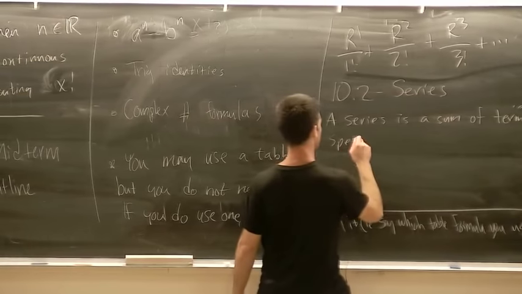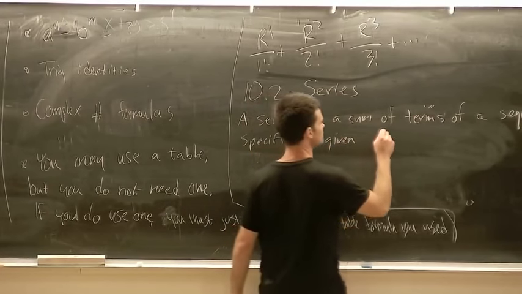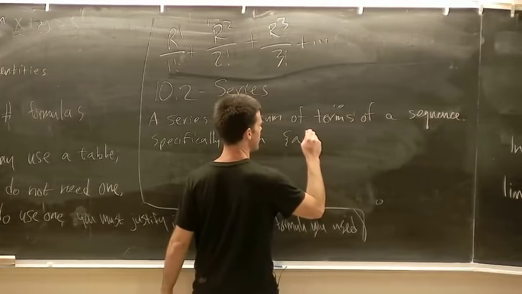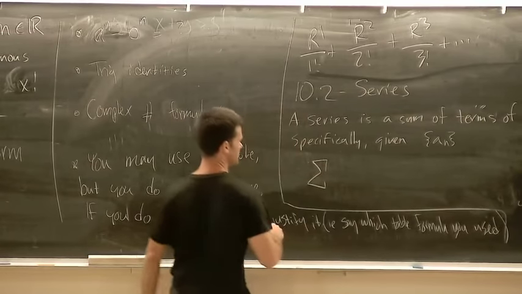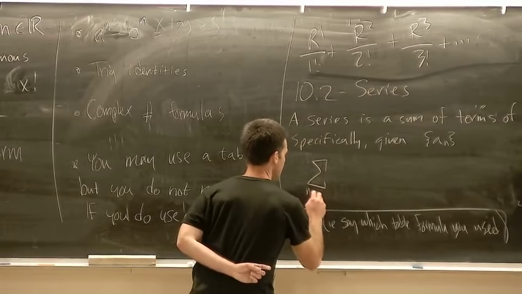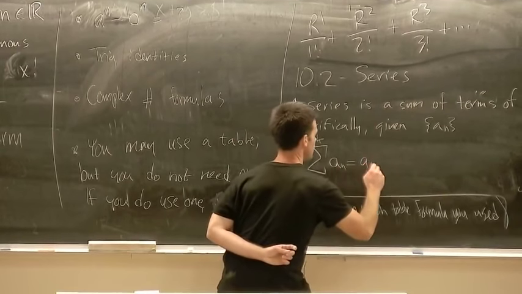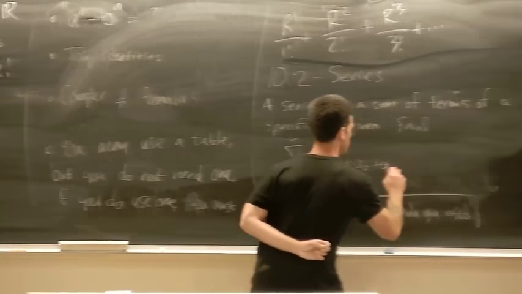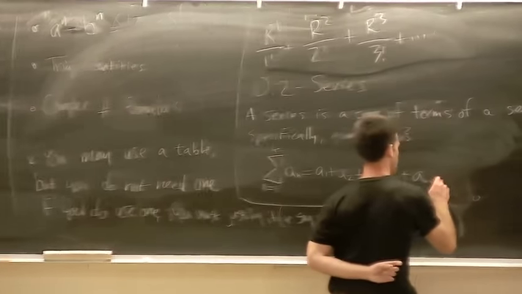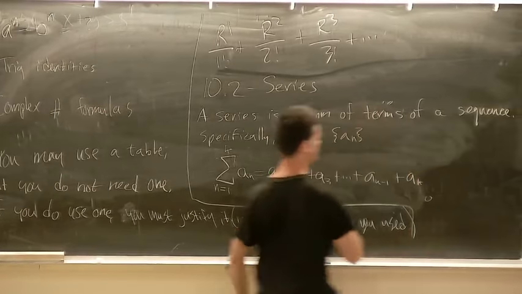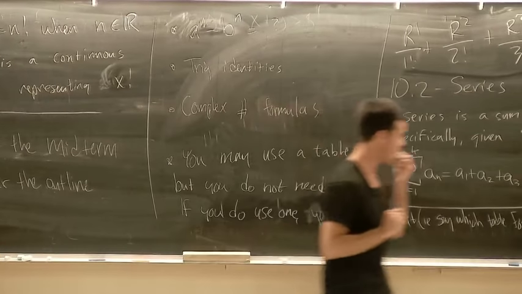So specifically, given some sequence, let's say a_n, the sum from n equals 1 to k of a_n, which will be a1 plus a2 plus a3 plus all the way up to a_(k-1) plus a_k. So that's just you add up the first k terms of the series.